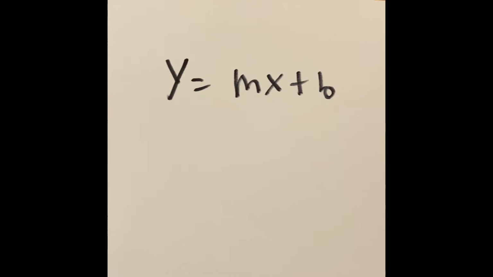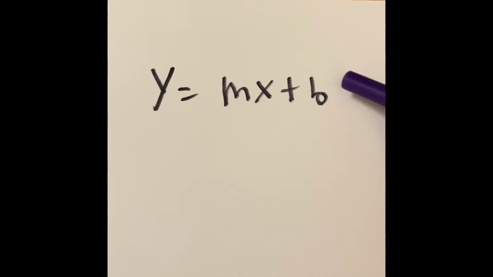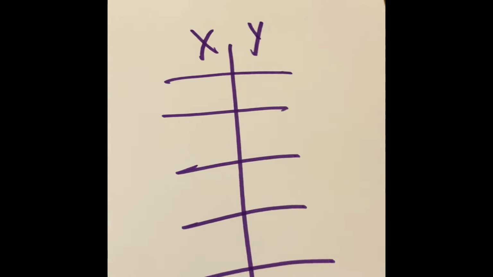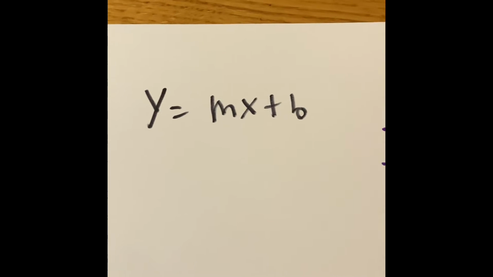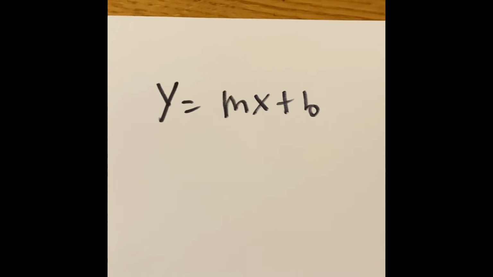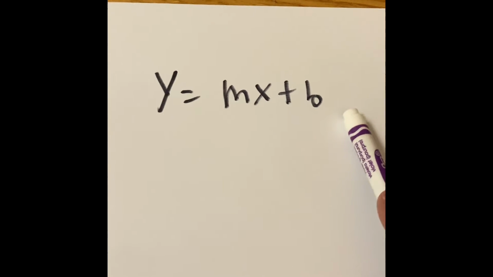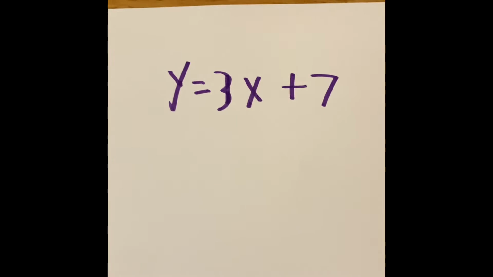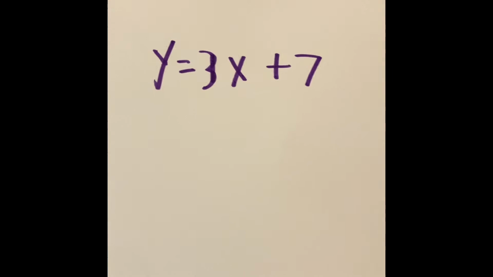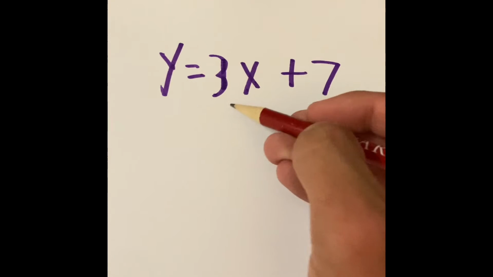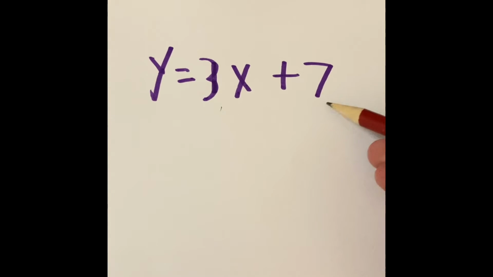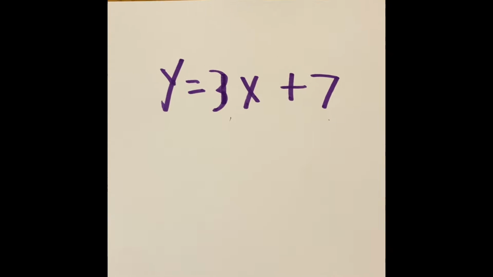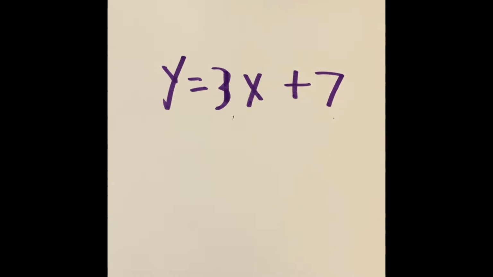So what we're going to be doing is using this kind of formula and jotting them down on an XY ratio table, and we're also going to find out why our function actually has the same kind of idea. So here is our example problem. We have y equals 3x plus 7. The 3x represents the slope, and the 7 represents the y-intercept. You may have learned this in your past years of middle school or possibly high school.